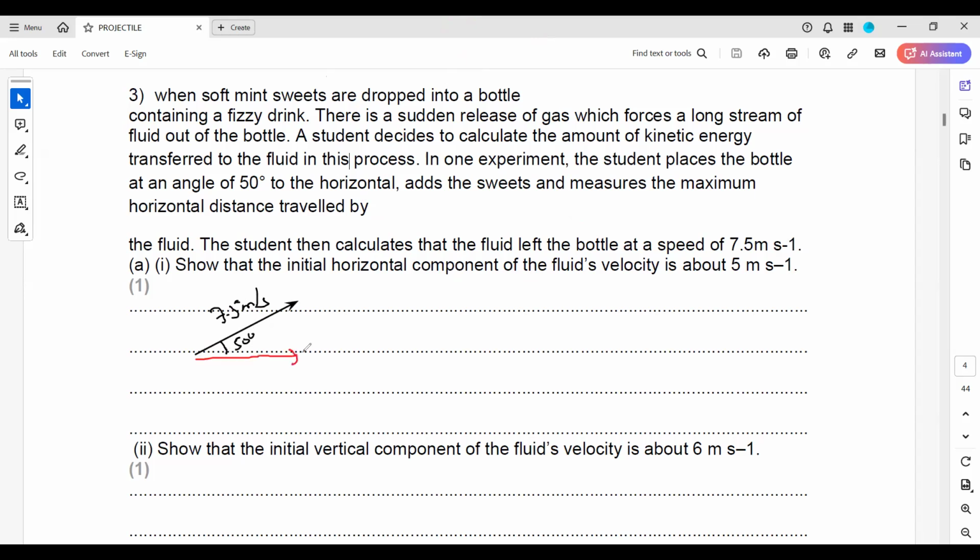We need the initial horizontal component. Should I use sine or cosine? It's 7.5 times cosine 50. So we'll get the initial horizontal one.